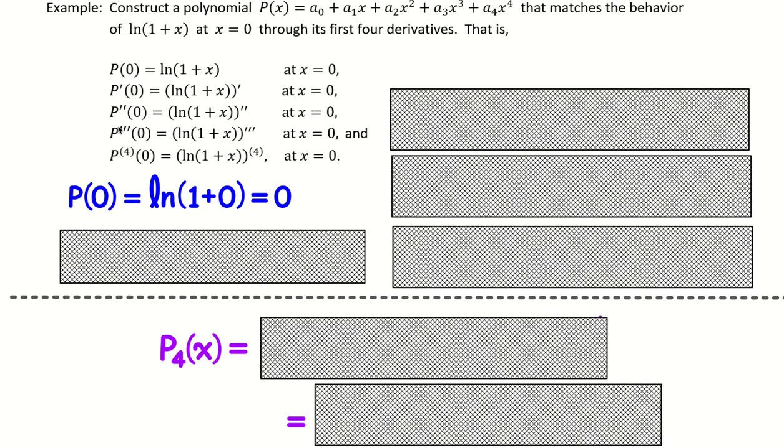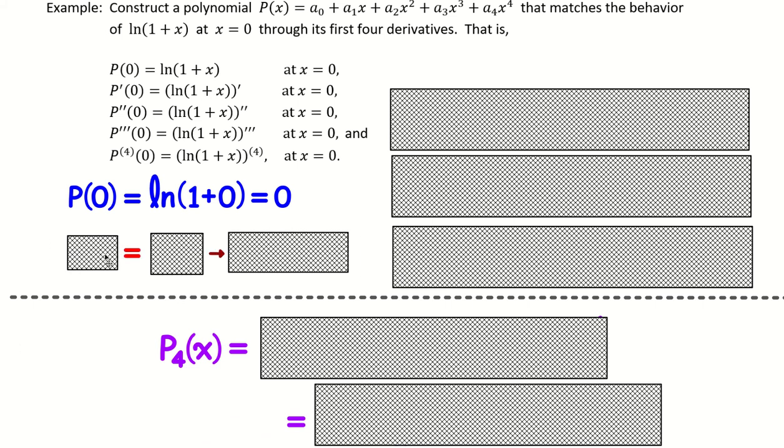Next, we're going to see what's going on with the first derivative. We have to take the first derivative of the function. So what is the first derivative of the natural log of 1 plus x? Well, it's 1 over 1 plus x.